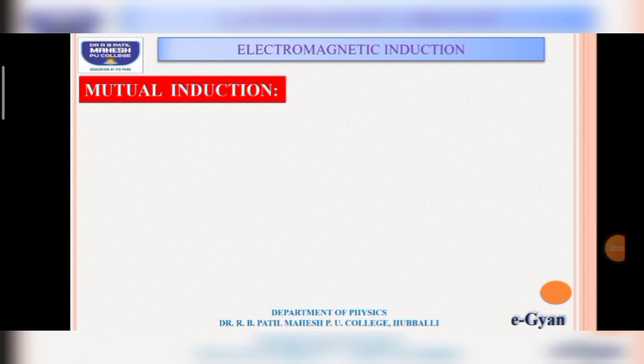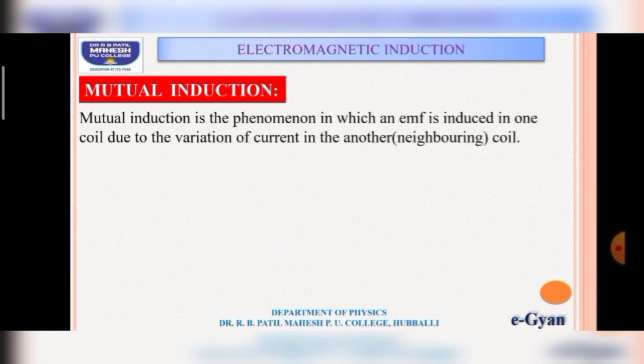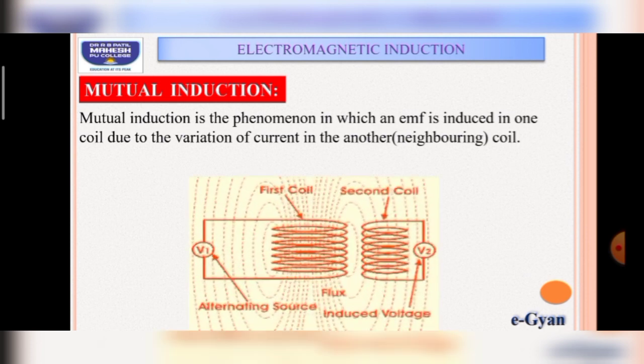Mutual inductance. The phenomenon in which an EMF is induced in one coil due to the variation of current in another coil is called mutual inductance. Here we have two coils, coil 1 and coil 2, and coil 1 is connected to a battery, and this battery will supply a current to coil 1.